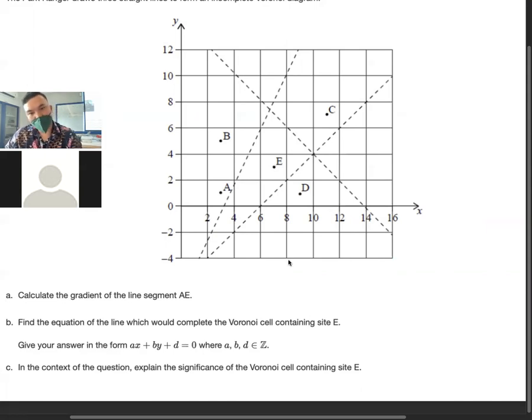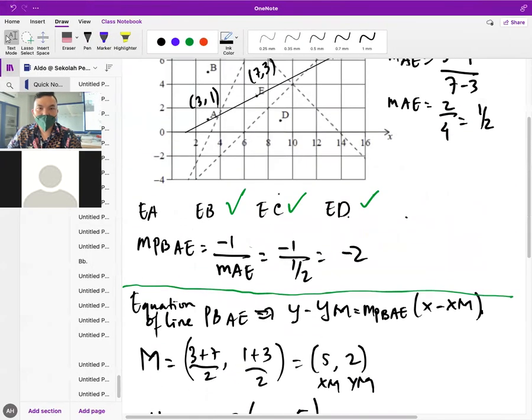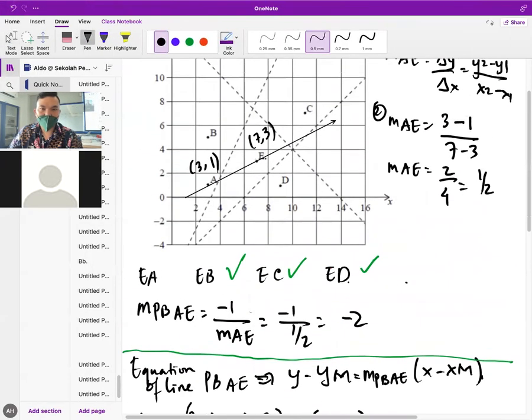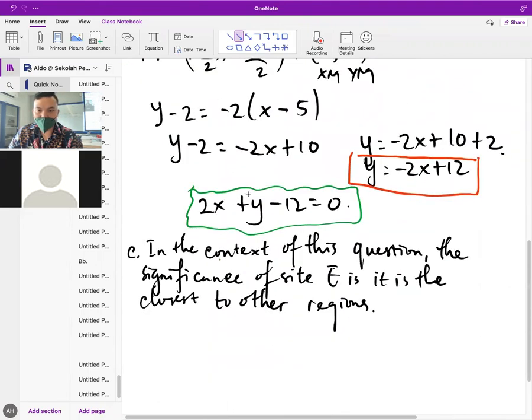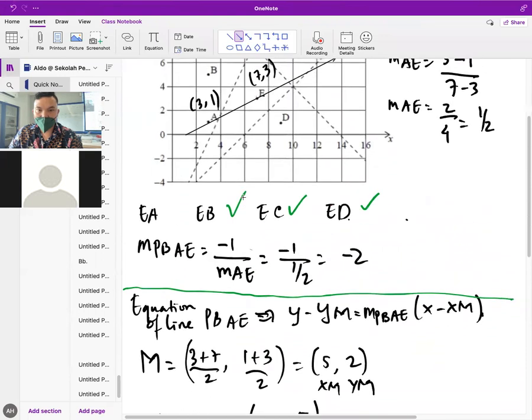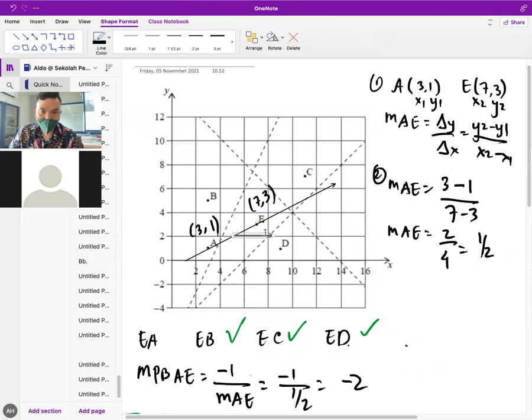If I want to draw, we can insert the picture here. If this is AE, and the XMYM is actually around 5,2, 5,2 here, then I could say that the line is more or less like this.